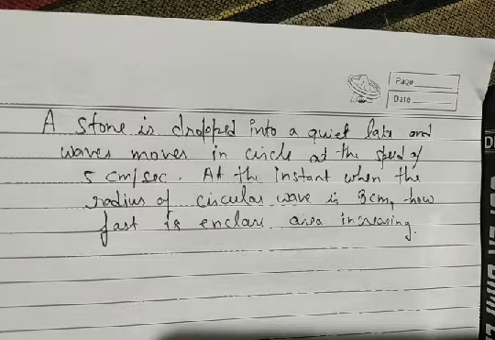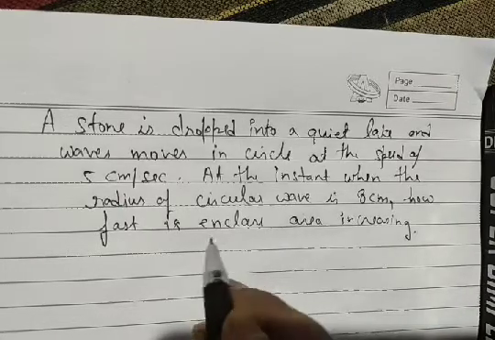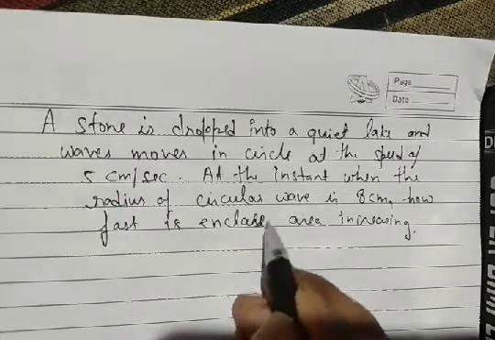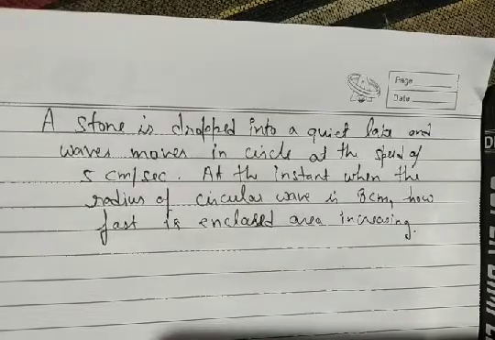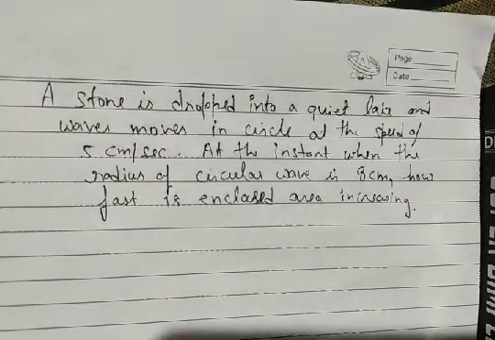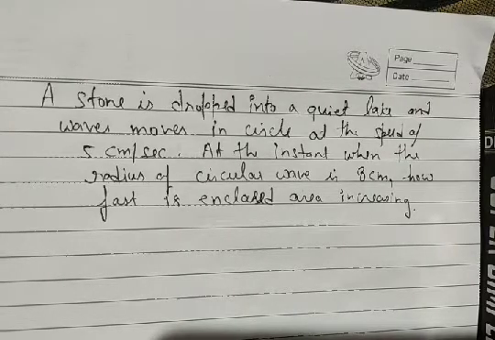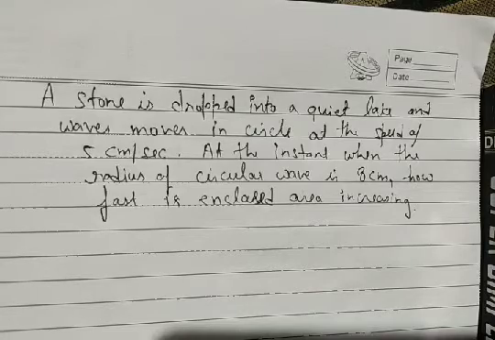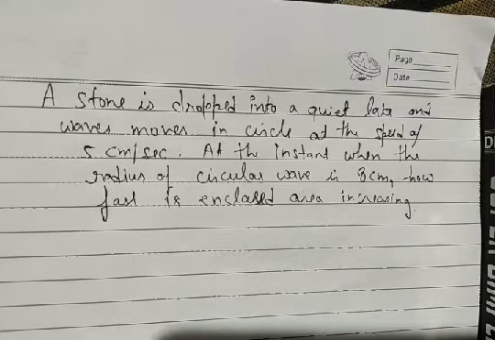At the instant when the radius of the circular wave is 8 centimeter, how fast is the enclosed area increasing? When we drop a stone in the lake, its waves move in a circle at the speed of 5 centimeter per second.